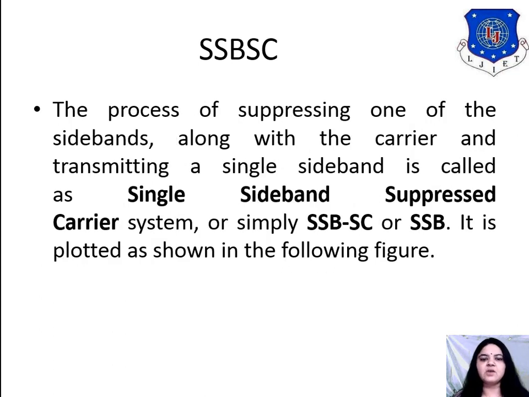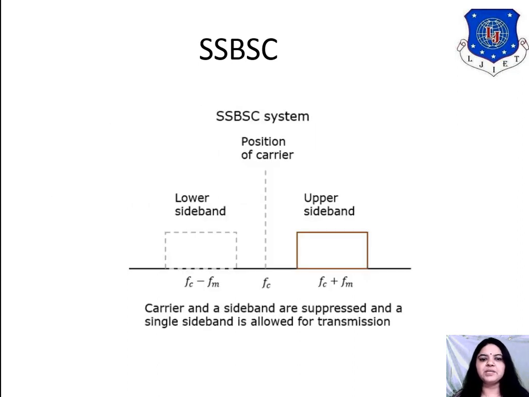The process of suppressing one of the sidebands along with the carrier and transmitting a single sideband is called the single sideband suppressed carrier system, or simply SSBSC or SSB. This is the amplitude spectrum for the SSBSC.